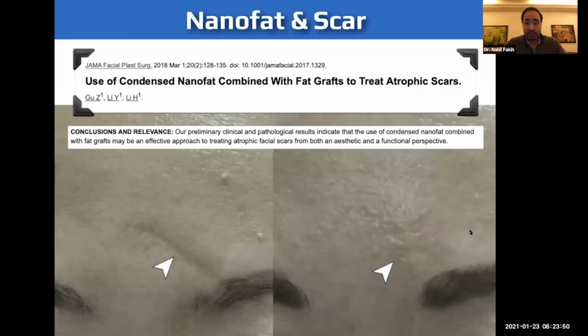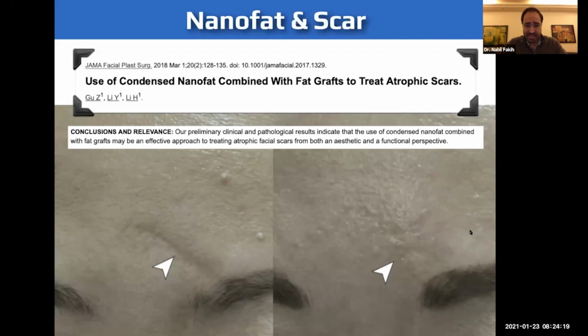And this is an article which, the day I read it, I said, how is it possible to get from this to this? I mean, we all publish studies, and sometimes you could think maybe they have done something else. How could you fix it with nanofat only? And this is in fact with condensed nanofat, and in a way they pushed it all.